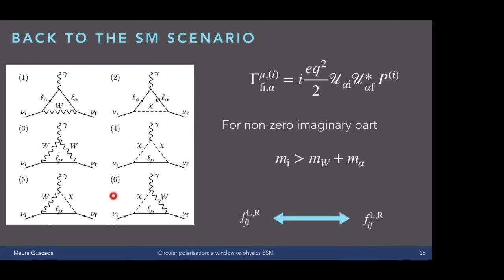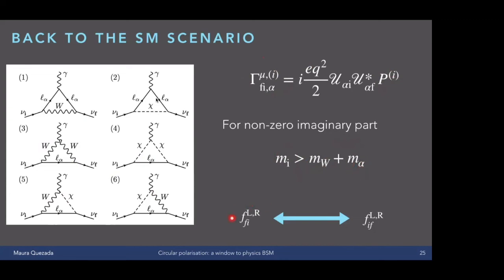In general the vertex transition function is given in this way, where this pi just corresponds to the computation of each loop in this figure here. And again, to get a non-zero imaginary part, we will require that the mass of the initial neutrino is larger than the mass of the W boson plus the mass of the leptons.